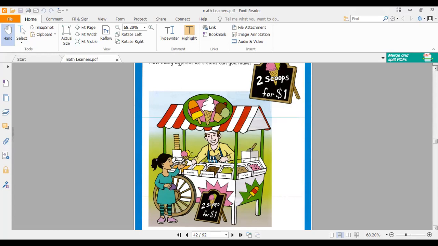So what we have to do is make groupings, or pairs of flavors. How can we make different scoops by giving the shopkeeper $1?